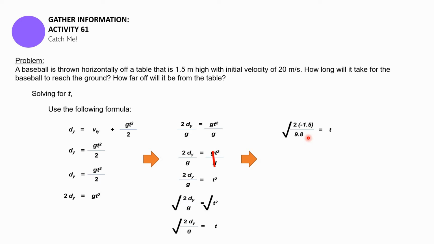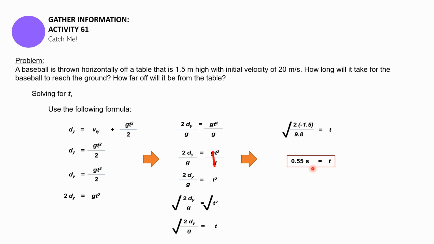Okay, so you have to multiply negative 1.5 by 2, and then divide that by 9.8, and then get the square root of that, and you'll be left with 0.55 seconds. Okay, so that is the answer for time. We were able to look for time. So the baseball stayed suspended for about 0.55 seconds.